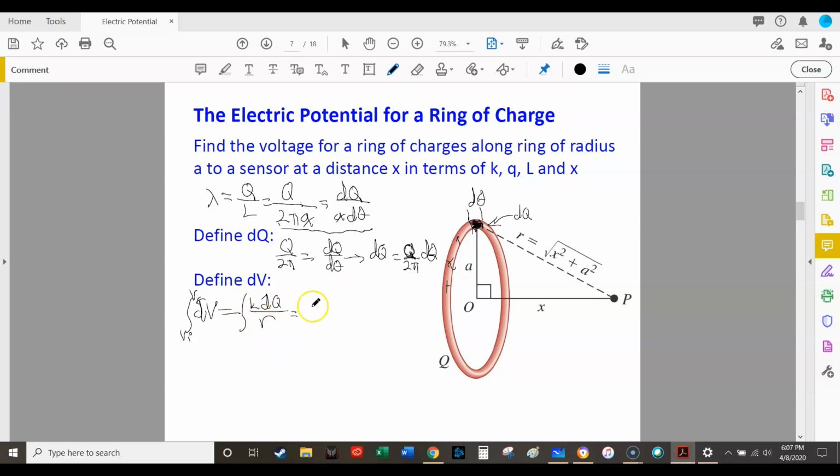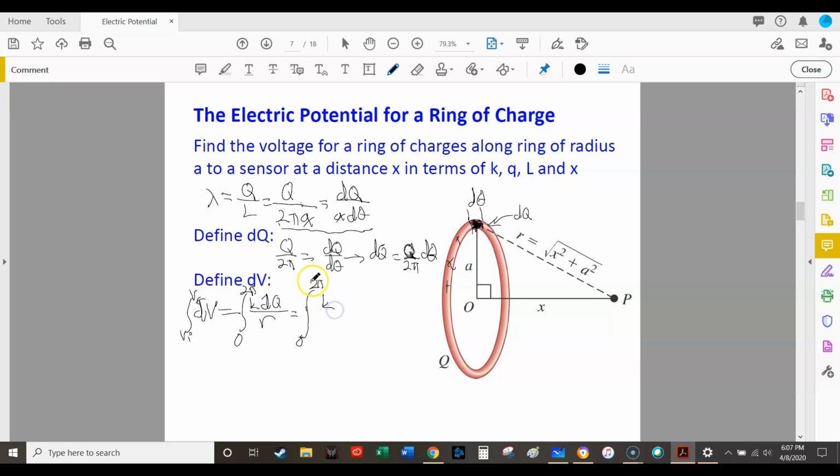Actually, let's evaluate our limits first. This is going from 0 all the way to 360 degrees, which is 2 pi. So this is varying from 0 to 2 pi, and we're going to evaluate d theta as 360 degrees as usual. Now our d theta is varying.